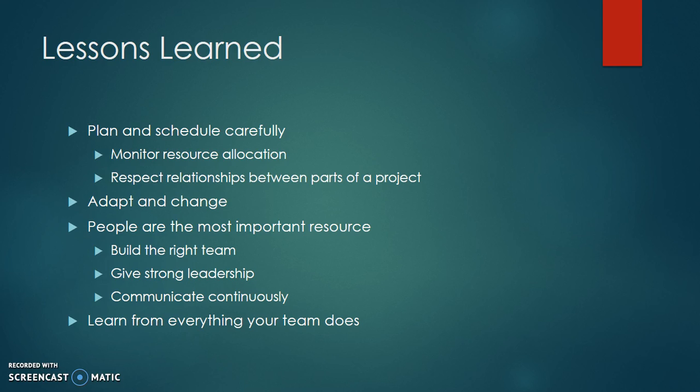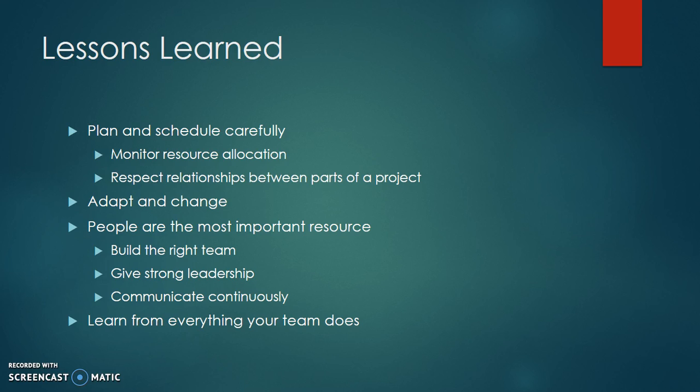You need to give them strong leadership because they need to be kept on task sometimes, and they also need to know who they can go to help make decisions. As I mentioned earlier, needing to adapt and change, they're looking for strong leadership to help them adapt and change. And as a project manager, that has to be you.